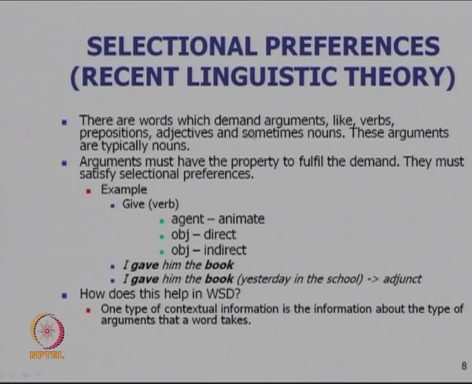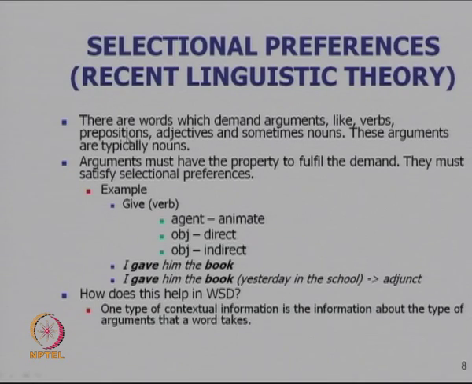So, there are words which demand arguments, like verbs, prepositions, adjectives, and sometimes nouns also. And the arguments are typically nouns. So, adjectives, they qualify something. What do they qualify? They qualify a noun, hence their arguments can be nouns.